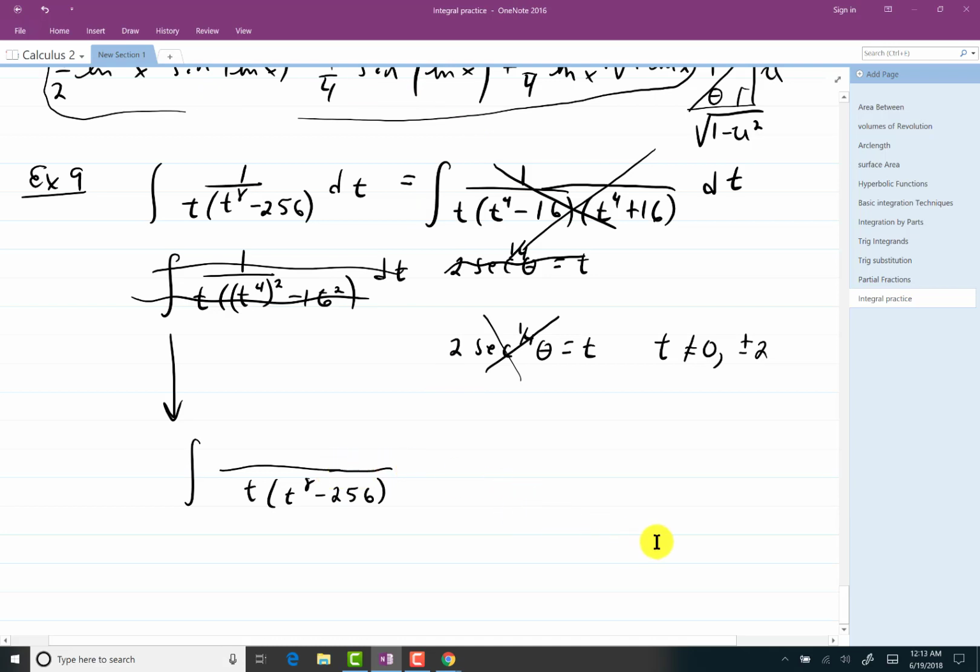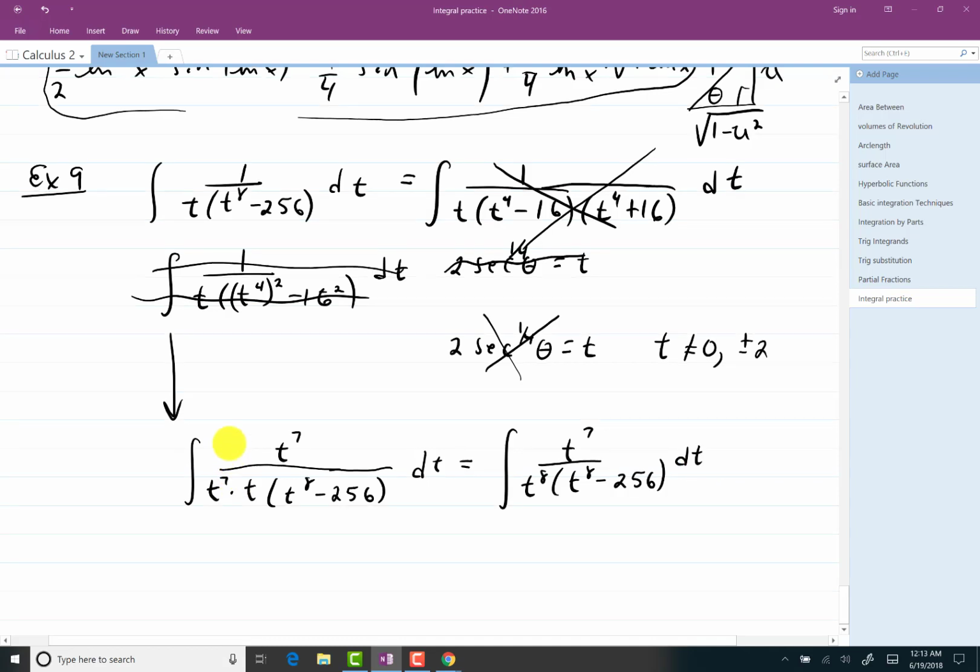So what has been done instead is we multiply the top and the bottom by t to the 7th dt. Well, that is perfect because now I have a derivative type of a thing up here, and in the bottom I have t to the 7th all over t to the 8th times t to the 8th minus 256 dt.